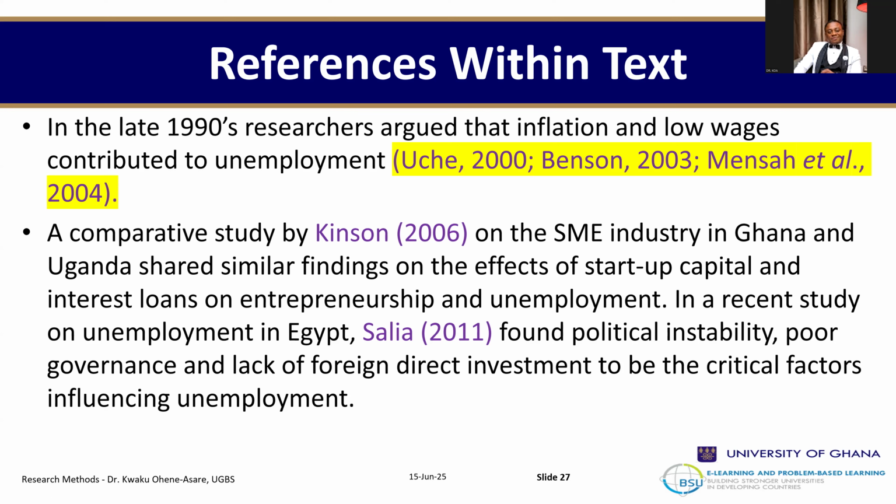Now, if that last one was written from the perspective of this Kinston 2006 guy, you have to cite Kinston 2006 again, which is back to the question that Ted asked. You have to cite that guy again, and again, and again.